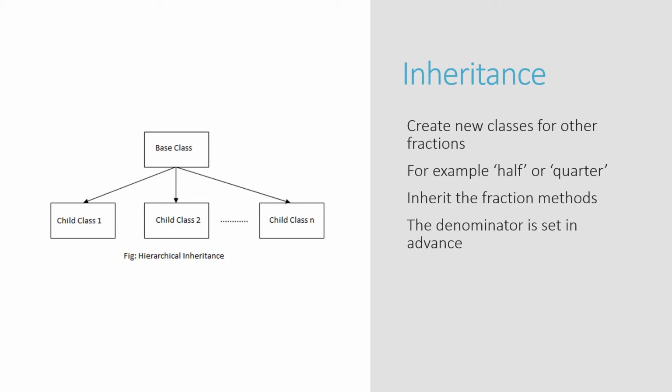So what I'm going to do is create new classes for types of fraction such as halves or quarters. They'll inherit all the methods that we've written already. We won't have to write those again, but we'll set the denominator in advance. So if a fraction is a half, then the denominator has to be 2. Let's see how that would look.